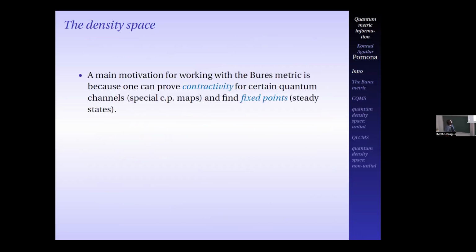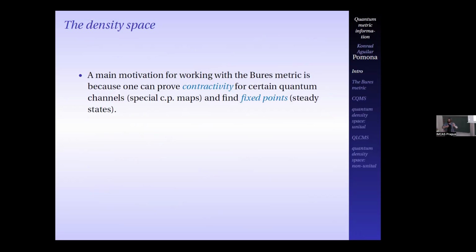Okay, so a main motivation for working with the Bures metric is it provides certain contractivity of certain quantum channels. Quantum channels, again, in the quantum computing, quantum information theory literature, at least as far as I know, have different definitions all over the place.